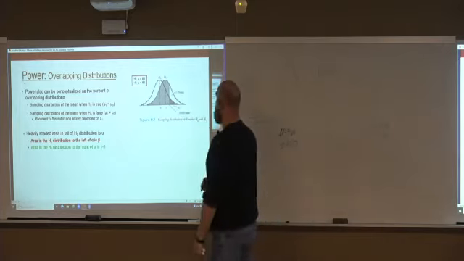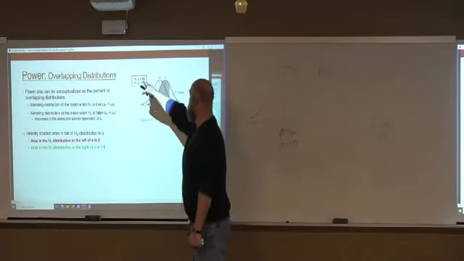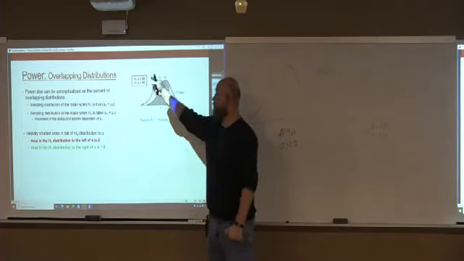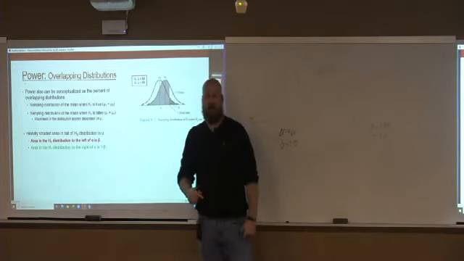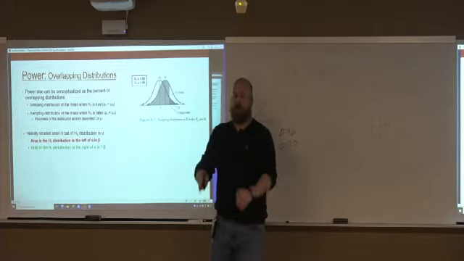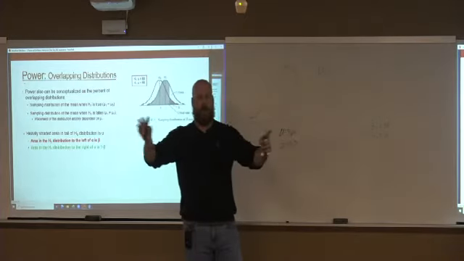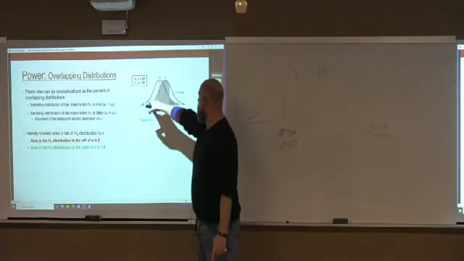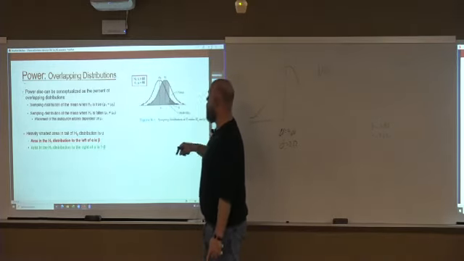So in this first example, the null hypothesis is that there's a population mean of 80, right? And so if there's a population mean of 80, we have a distribution of scores that go from here to here. So this is the null curve here.